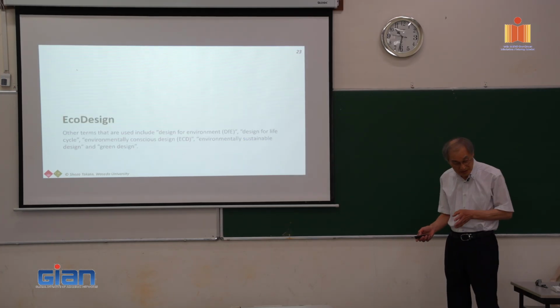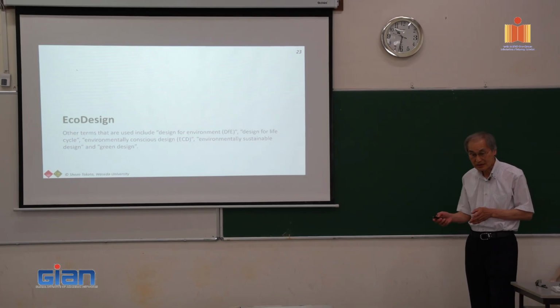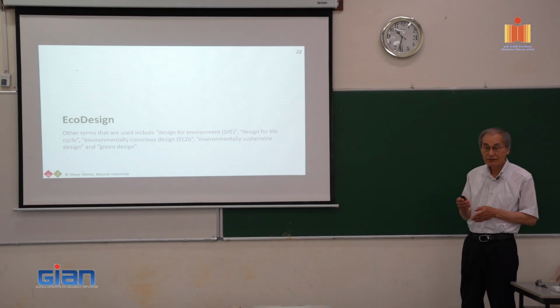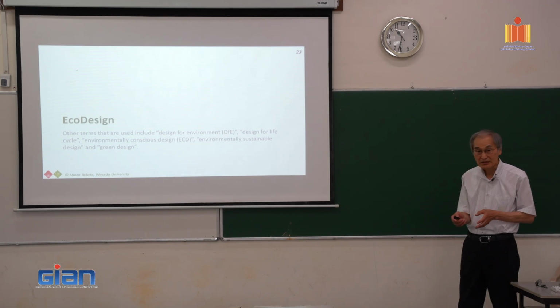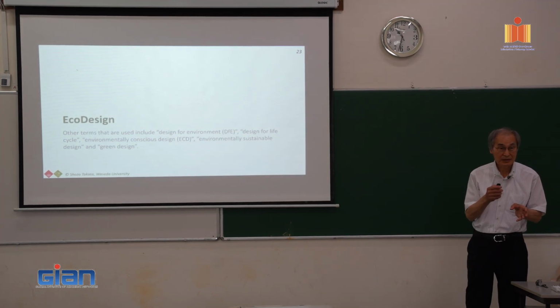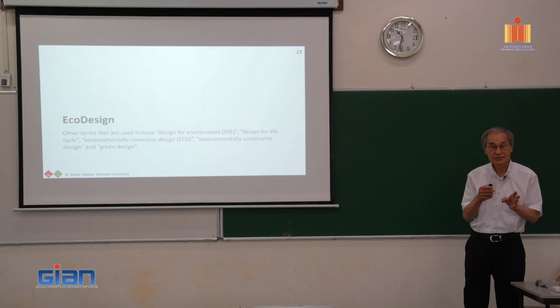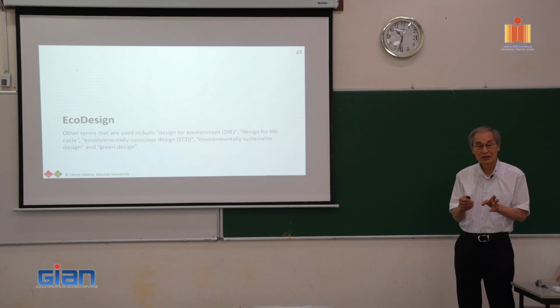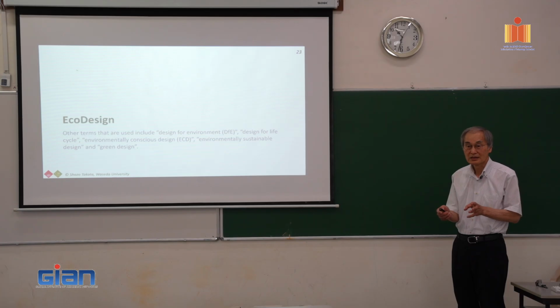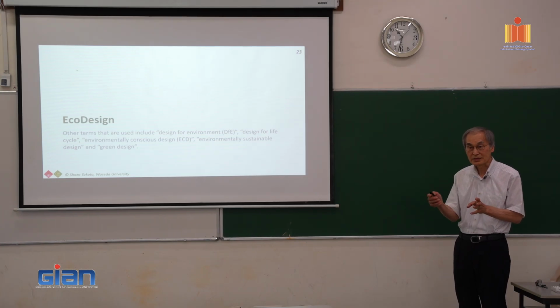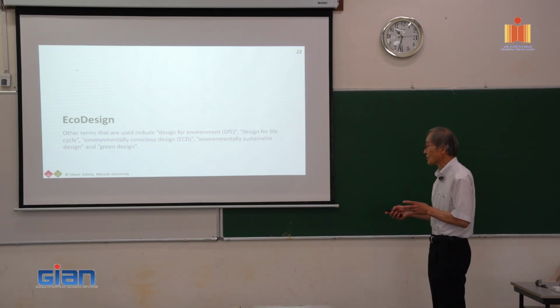Okay, so then the next topic is design for life cycle. Meaning how you can design the product for the life cycle, for the purpose of reducing the environmental load, reducing the resource consumption and so on.